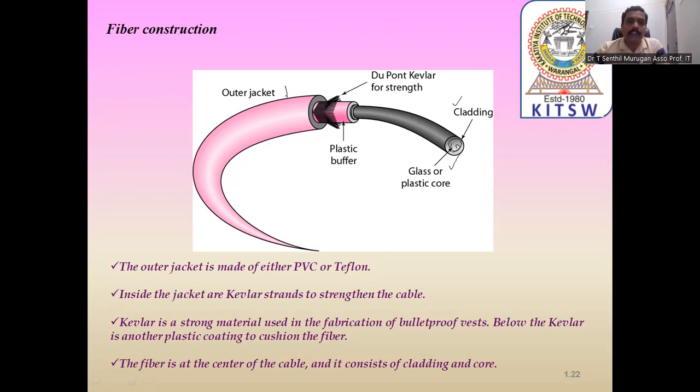Inside the jacket is Kevlar, which strengthens the cable, so it is used without damage, normally even as bulletproof material. The fiber is at the center of the cable and consists of the cladding and core.